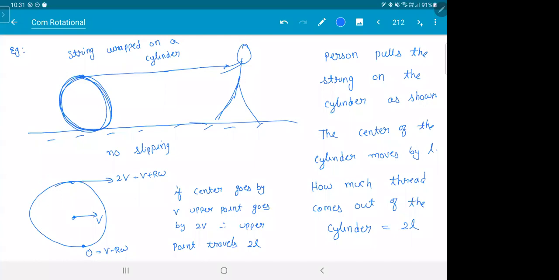So if the center of the cylinder moves by L, 2L amount of string will be released. Any doubts on this? Please ask me.